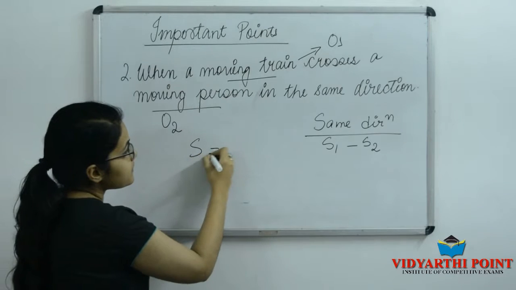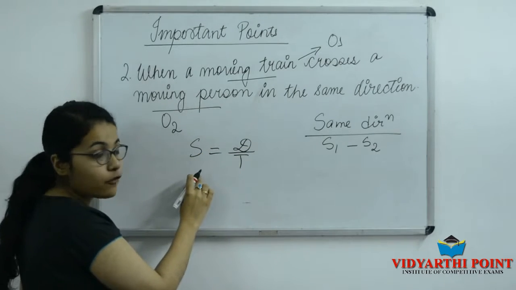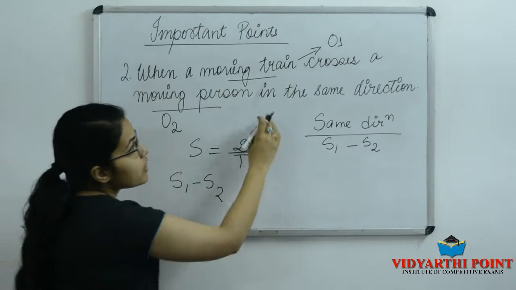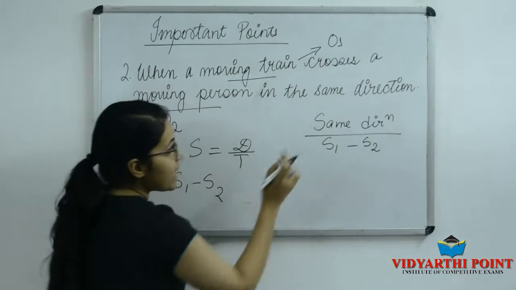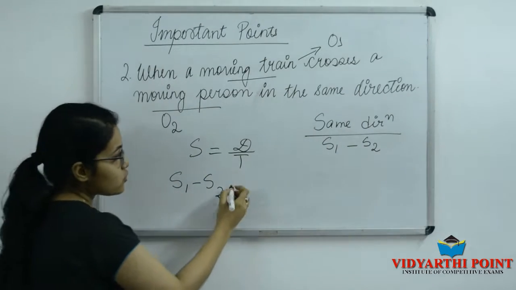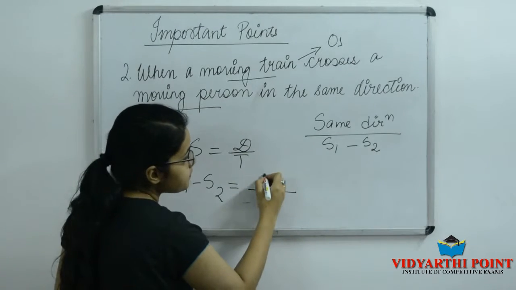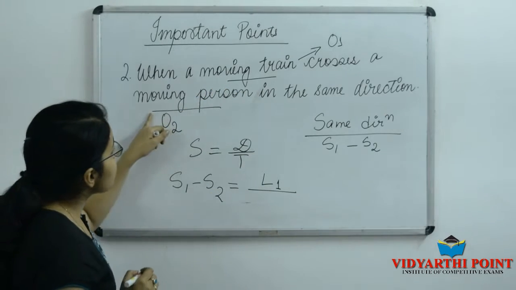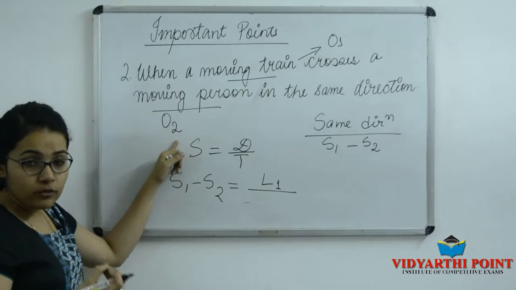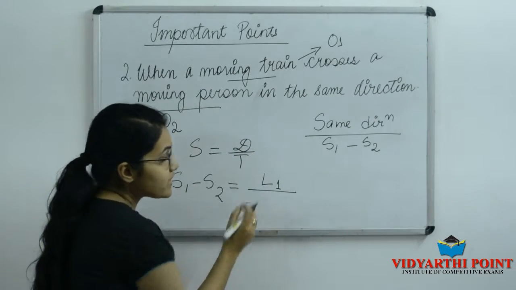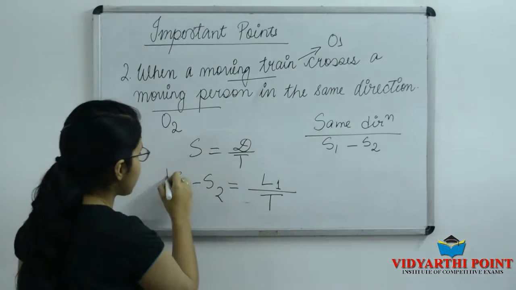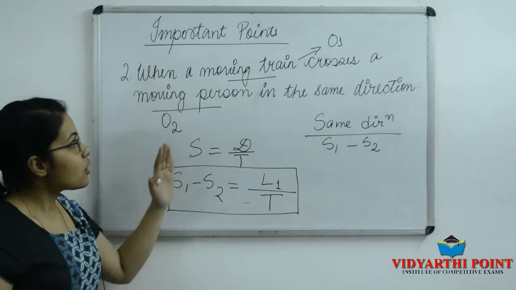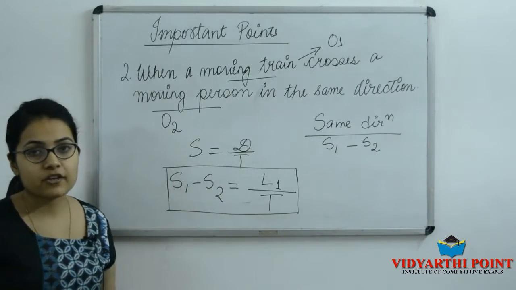So this fundamental formula will be changed into S1 minus S2, because here we are taking the relative speed in the same direction, equals L1, the length of the moving train, because the length of the second object cannot be taken since it is vertical, so only L1 is taken, and as usual the time is constant. So this is the formula when a moving train crosses a moving person in the same direction.